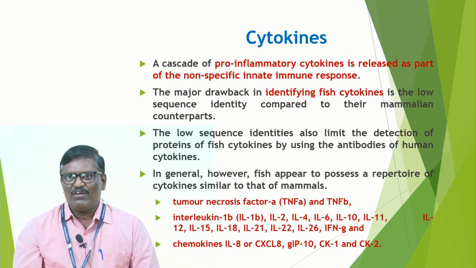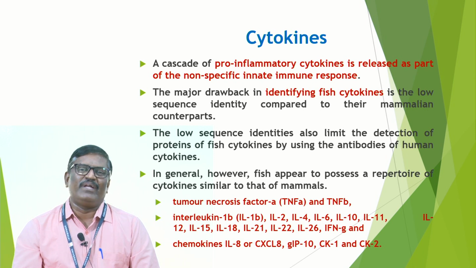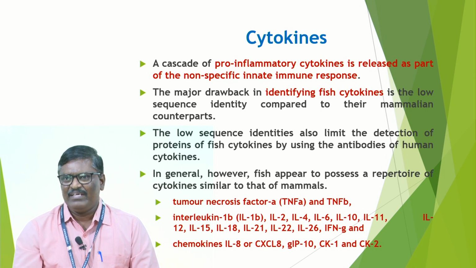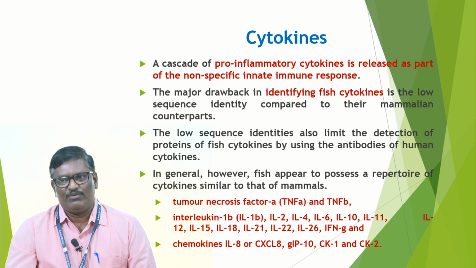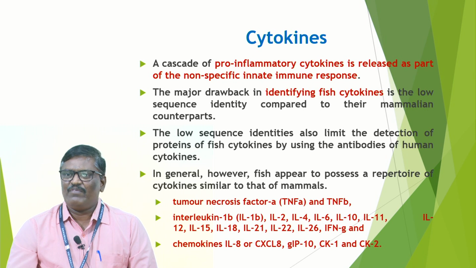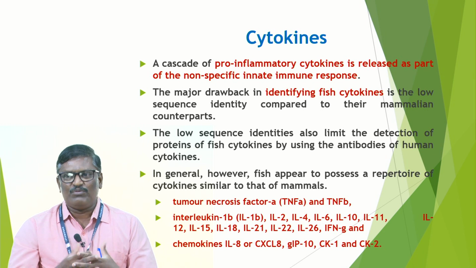The innate non-specific response is very well developed in fishes. The major drawback in identifying fish cytokines is the low sequence identity compared to their mammalian counterparts. The low sequence identity also limits the detection of fish cytokine proteins using antibodies against human cytokines. In general, however, fish appear to possess a repertoire of cytokines similar to that of mammals.